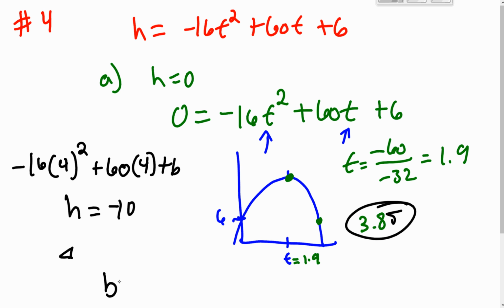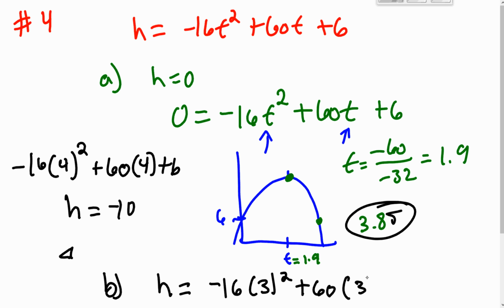Okay, B is telling you to go ahead and plug a 3 into this equation. If you have that in your calculator still, you can hit the arrow back button and change that 3.85 or that 4, whatever you left in there, to a 3 and see what you get.